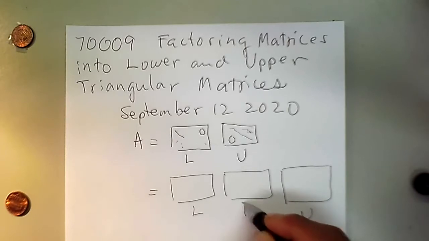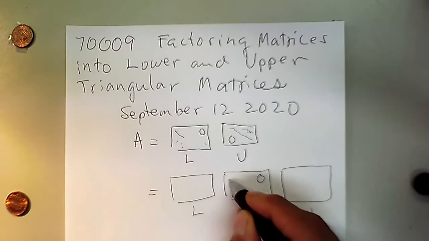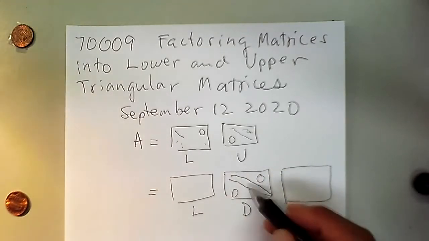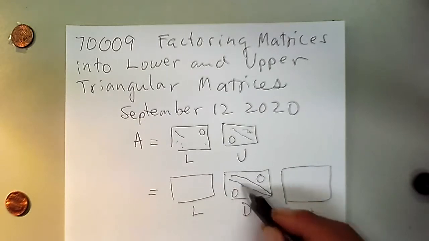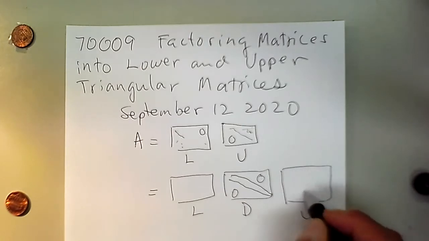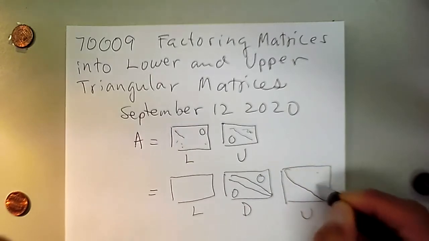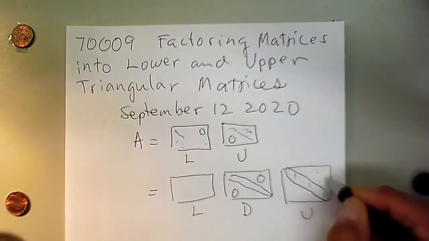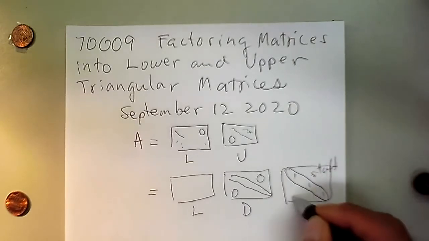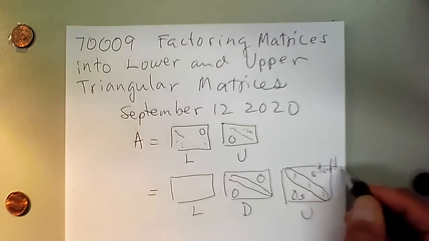The diagonal matrix will have zeros everywhere except in the main diagonal, and those numbers are oftentimes not going to be one. What we gain by that is an upper triangular matrix with ones on the main diagonal, some stuff up here, and zeros below.